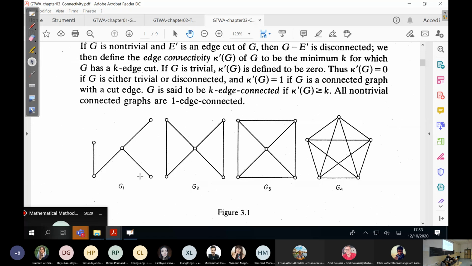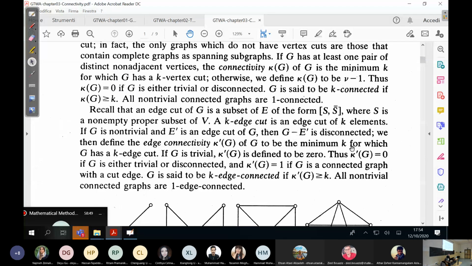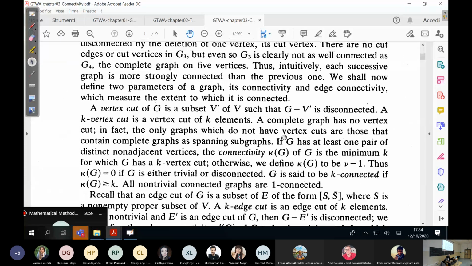It is minimally connected. Delete the edge you want, you don't interrupt connections here. Delete any edge, you interrupt connections here. And so you have different stages. How can we formalize these different stages of connectivity? We have two notions, which are connectivity and edge connectivity. Let's see what it's about.